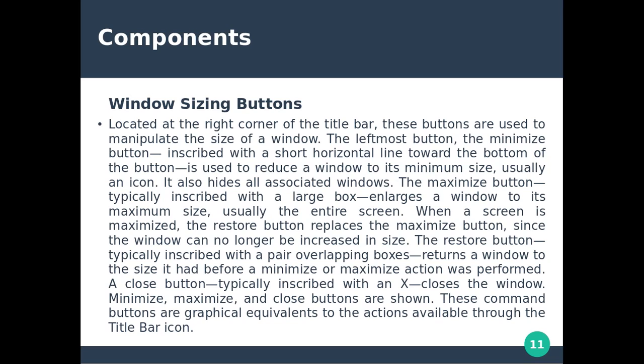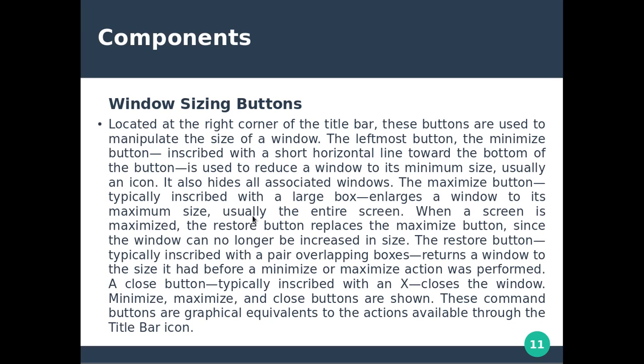Located at the right corner of the title bar, these buttons are used to manipulate the size of a window. The leftmost button, the minimize button, inscribed with a short horizontal line towards the bottom of the button, is used to reduce a window to its minimum size, usually an icon. It also hides all associated windows. The maximize button, typically inscribed with a large box, enlarges the window to its maximum size, usually the entire screen.